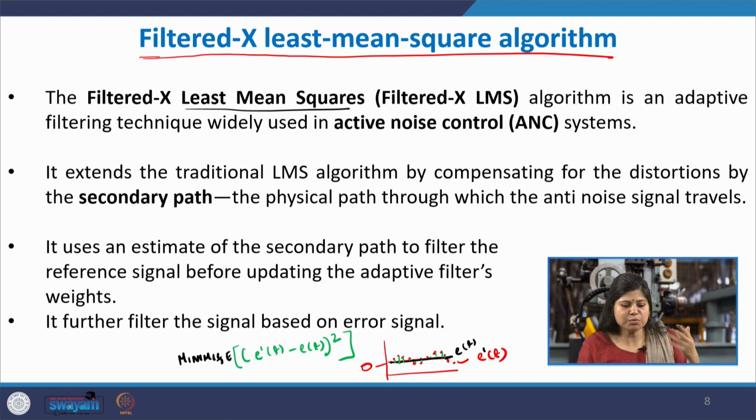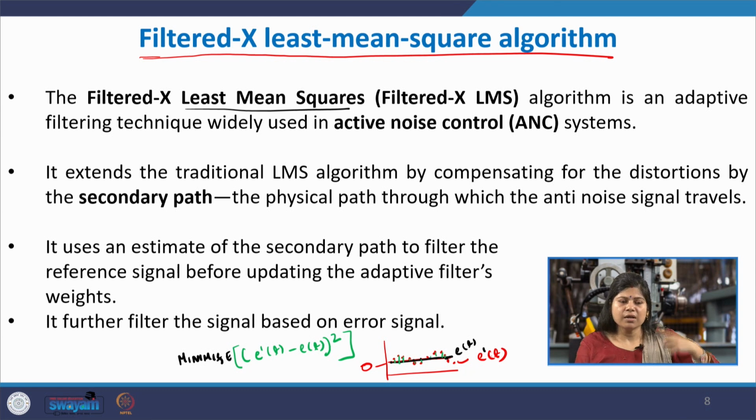This is the least mean square algorithm, but on top of that we have the Filtered-X. In this course I am not giving you the detailed algorithm because that is out of scope, just a brief overview. Just like we minimize the root mean square error, here we are minimizing the mean square error between the expected error signal and the actual measured error signal, with each pass.